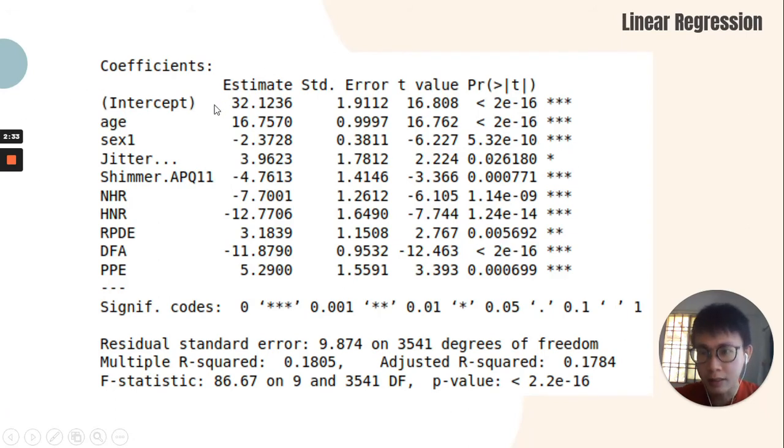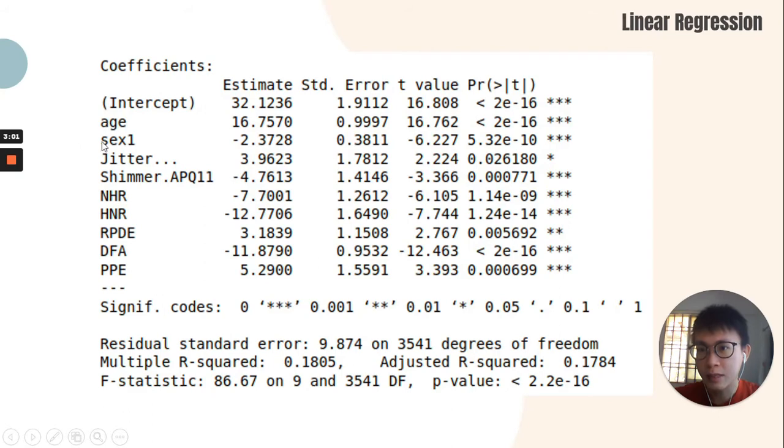So all are significant, and the most important feature is H. Why? Because it has the highest coefficient. It means that when H increases by 1, the total UPDRS will increase by 16.7570. And the least contributing attribute is sex.